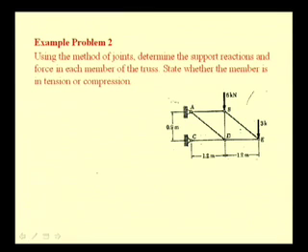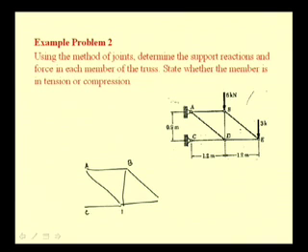If we consider the free body diagram of the complete truss, that is A, B, C, D, E, and the external forces of 6 kilonewtons applied at B and 3 kilonewtons applied at E.